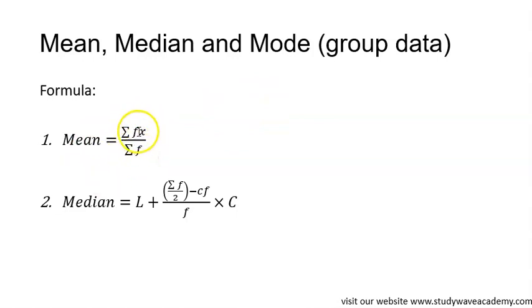Here f is the frequency, x represents the midpoint. Then to calculate the median is L plus (the sum of f over 2 minus CF) over f, times C. This is the formula you use to calculate a median for grouped data, okay? The mode is the most frequent, right?